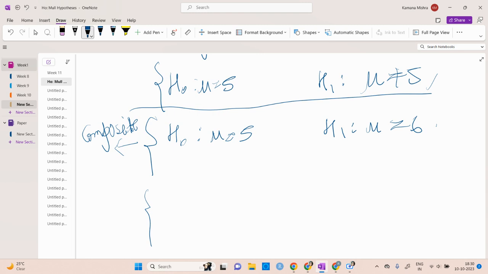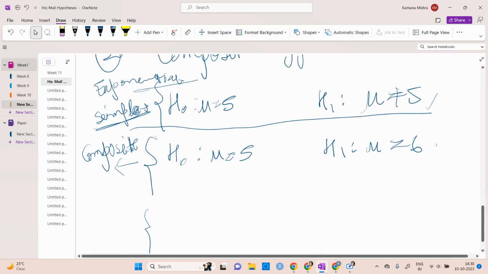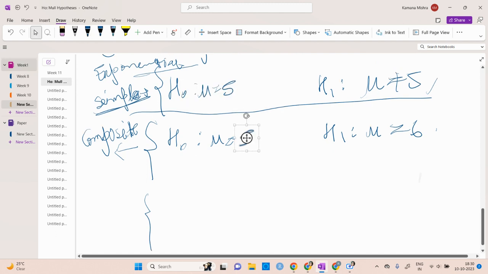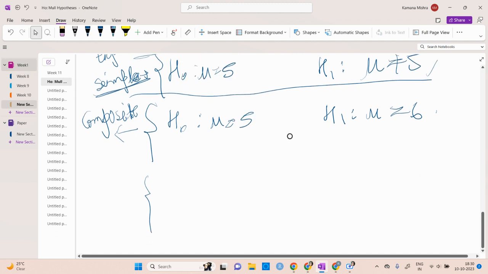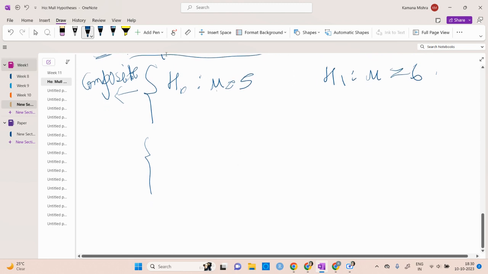So for the exponential distribution, this one will be a simple hypothesis, because we have only one parameter, so we give information only about that one parameter. But for the normal distribution, this one will not be simple, right? This one comes under composite.